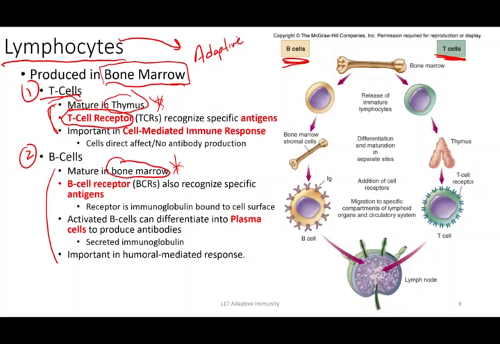On a T cell, what you can see is this molecule called a T cell receptor, or TCR for short, that is going to be on the surface of the cell. And B cells have something similar, but it's called a B cell receptor, or BCR, on the surface. So you can see that is across the surface of B cells.